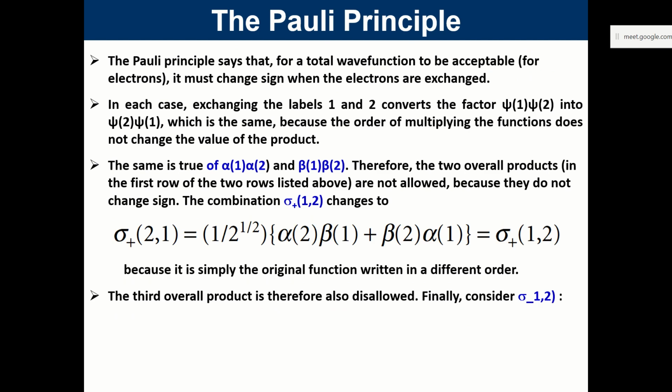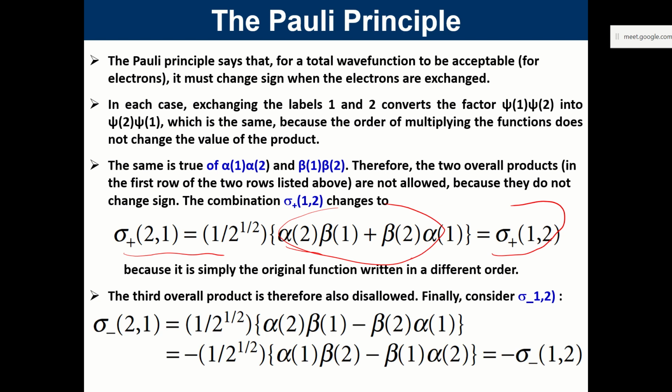We found that when we analyze the third one, there is also no change in sign when we replace the labels, because the sum of the two products is essentially the same.